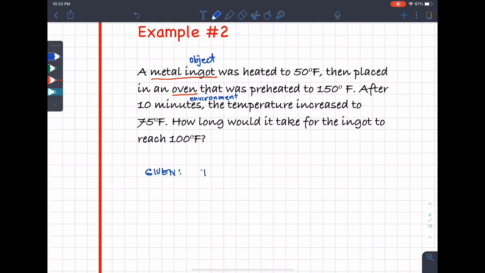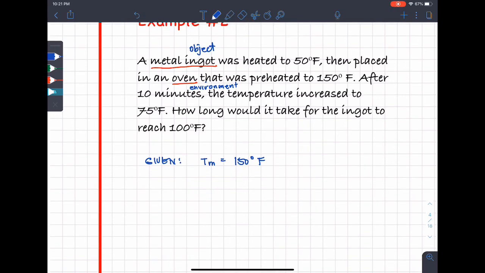So I'll write first the temperature of the environment, since that is the first one we are substituting. So the oven is preheated at 150 degrees Fahrenheit, so that would be the temperature of the environment.